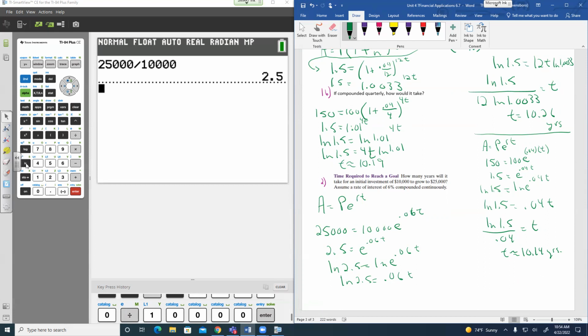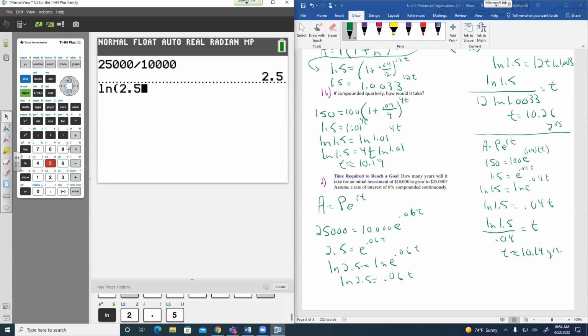So I have the natural log of 2.5 divided by, oops, need a parenthesis there, divided by 0.06. Hit enter. And that gives me a time of about 15.27 years if I'm rounding to the hundredths place.